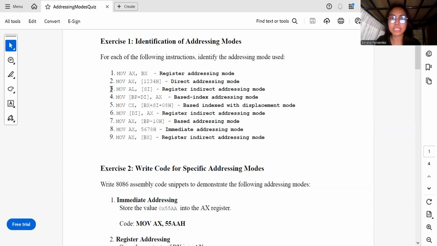The operand is a constant value, so it is immediate addressing mode. And lastly, we have number 9. Move the value from the memory location pointed to by the BX register into the AX register. The address is indirectly specified by the BX register. Therefore, my answer is register indirect addressing mode.